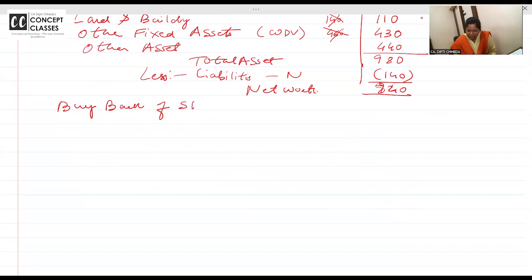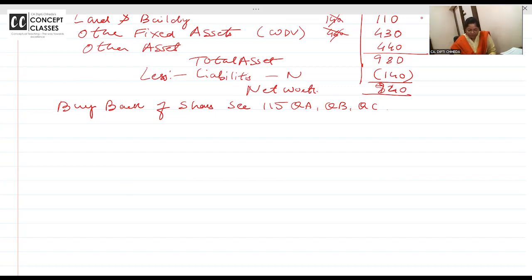Buyback of shares. Section 115QA, QB, QC. Interest starts from 15 days. Shall we calculate interest day wise?